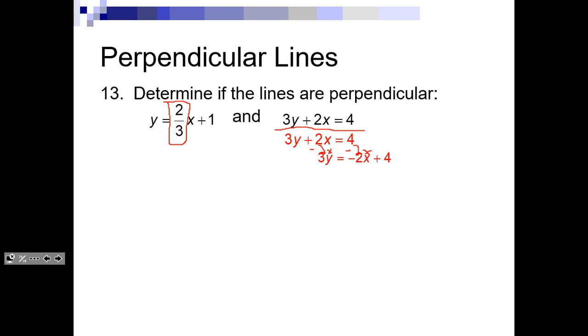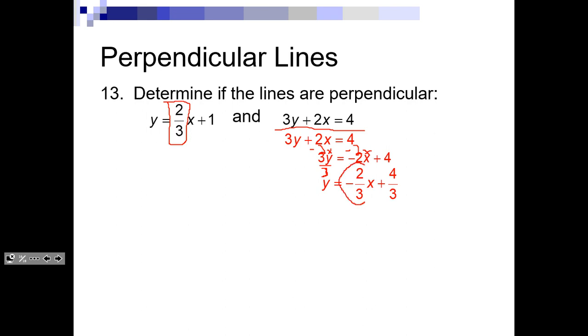And we end up with 3y equals negative 2x plus 4. We divide the 3 from both sides on all 3 of our parts, and we end up with y equals negative 2 over 3 x plus 4 over 3.